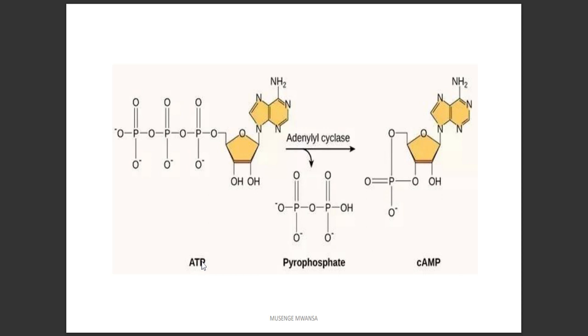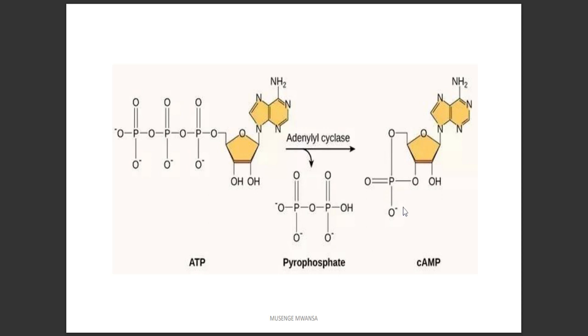Because this was adenosine triphosphate, we had three phosphates. Two of these phosphates are cut off, and one remains. The one which remains connects to the third position of the pentose sugar to form cyclic adenosine monophosphate, and then we also have two phosphates. When we form this cyclic adenosine monophosphate, we are increasing it inside the cells.